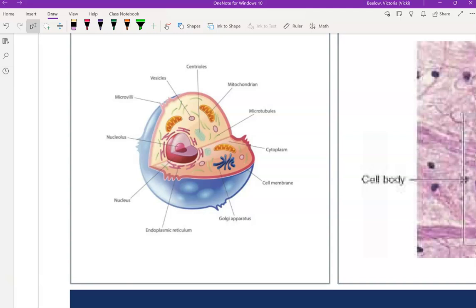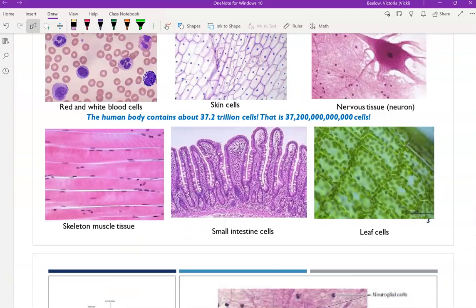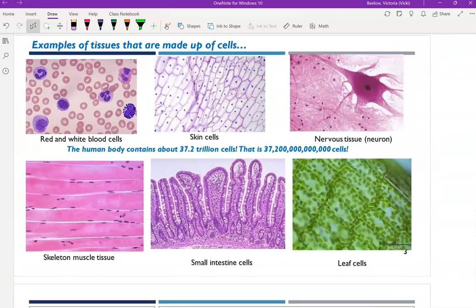In reality, real cells are going to have different shapes and structures depending on what they are meant to do. So here are what cells actually can look like. Here we have some red blood cells and white blood cells.